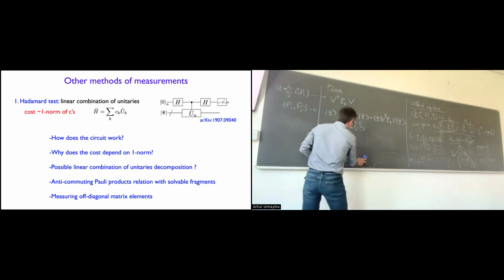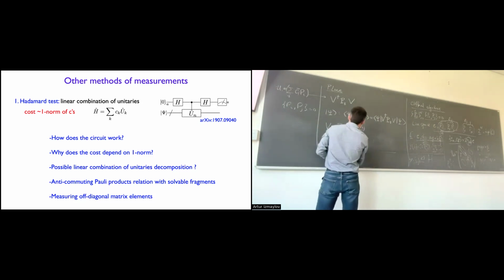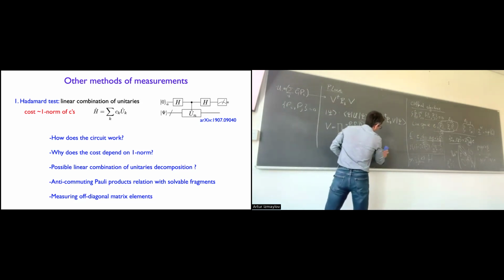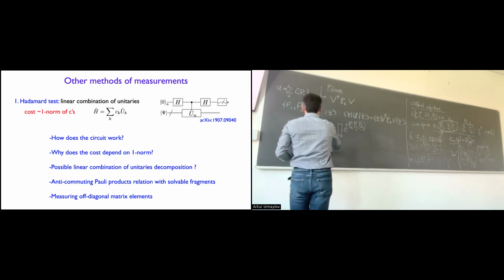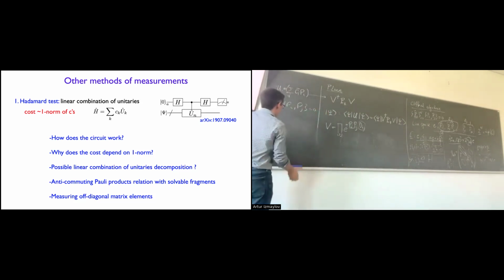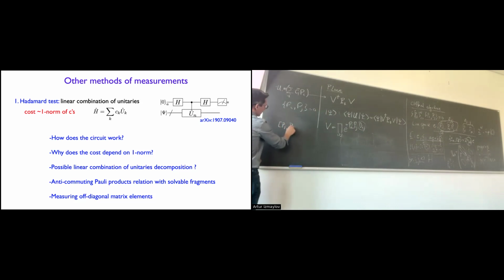The only thing it contains, on top of the anti-commuting elements, are quadratic elements, these ones. And we can easily show that there is nothing else there, meaning that if we have anti-commuting Paulis Pi, Pj, they don't commute.